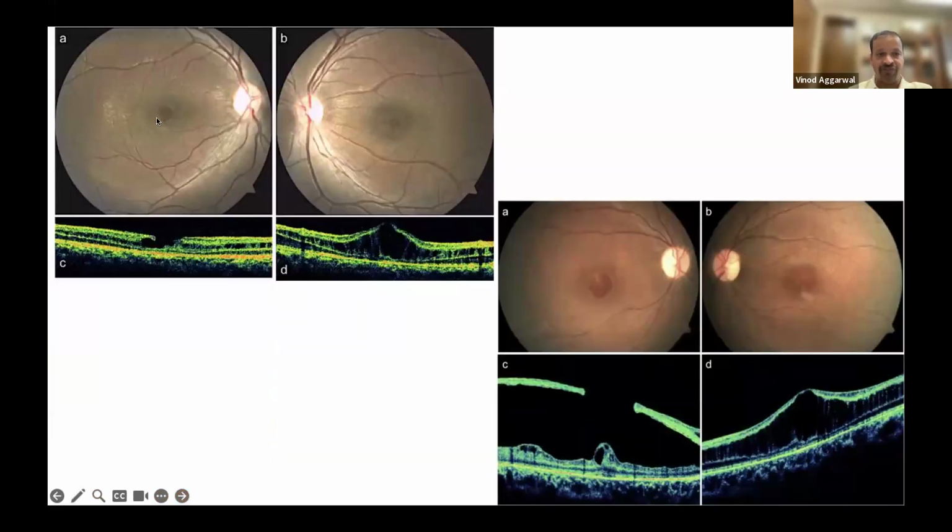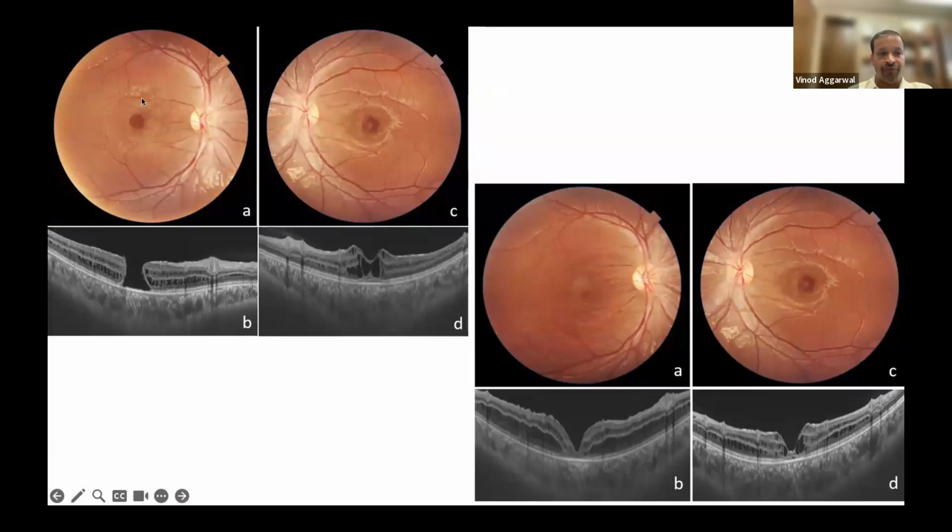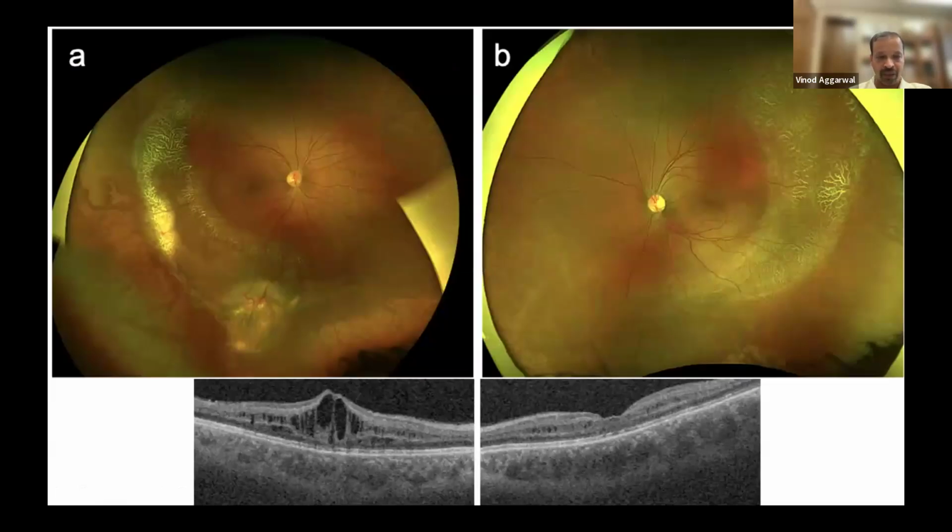The schisis which is there in the center can at times deroof, giving rise to lamellar macular holes, or it can also lead to a full thickness macular hole. In this scenario, we had a full thickness macular hole. We operated on this patient, and fortunately the patient did well and the hole closed.